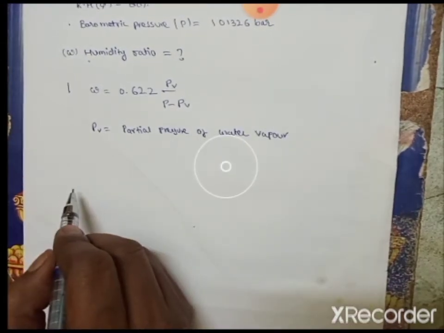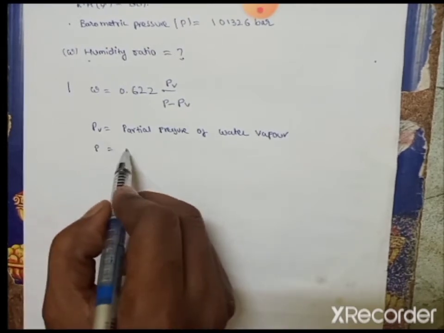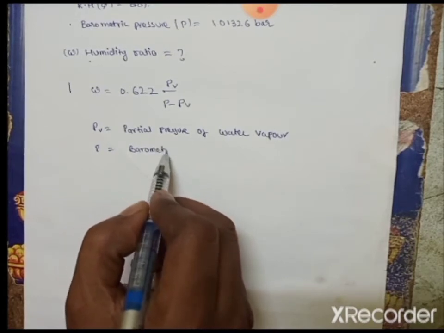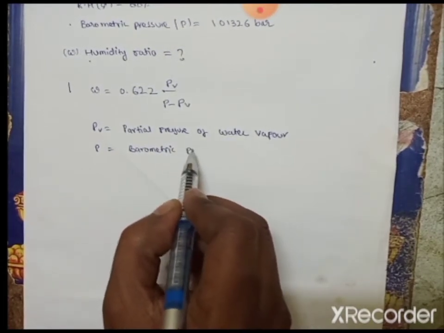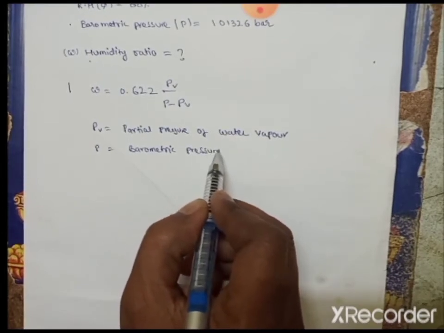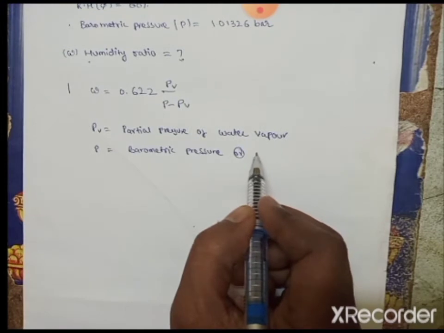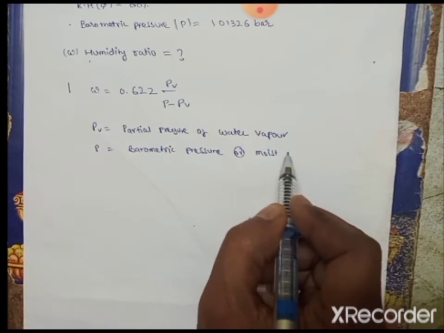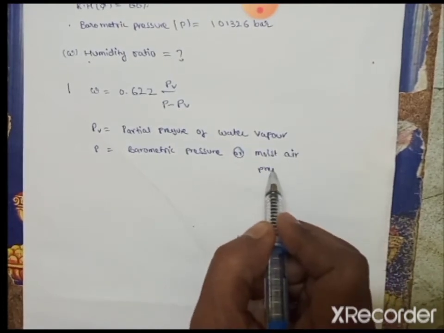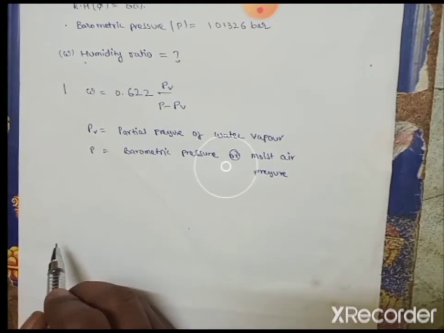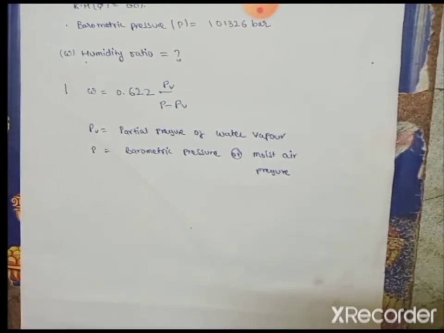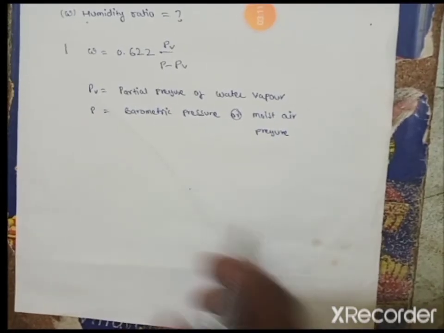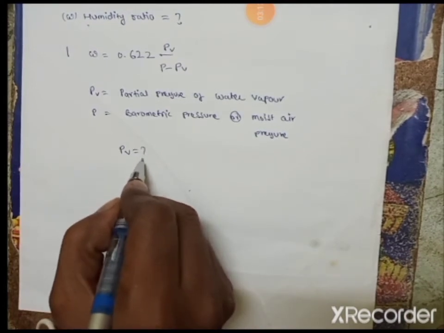P is the barometric pressure, or moist air pressure. So to determine PV, how to determine this PV, which is also an unknown value?